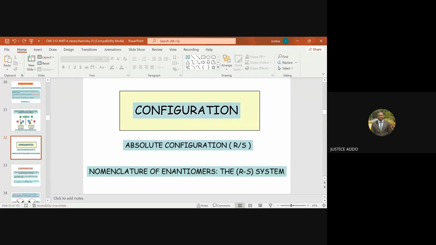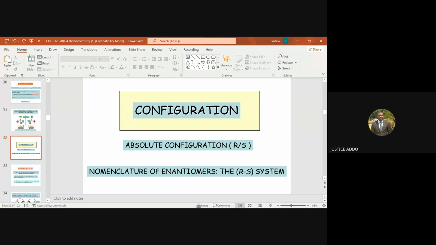So this R and S, what do they mean? What are they? And here we talk about what? Configuration. And the two types are the R and S. So we will be looking at how to determine the R and then the S configurations around a chiral center, and then that should be incorporated into the naming system of organic compounds.